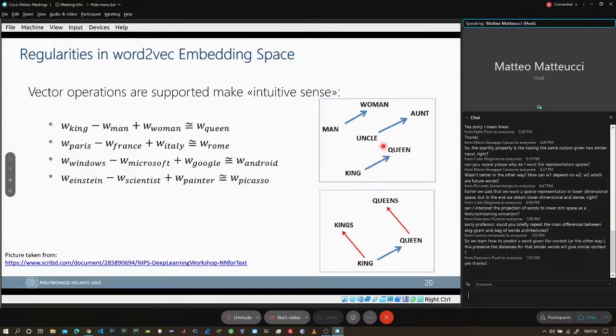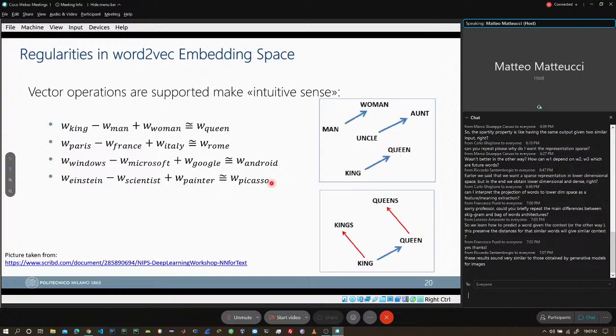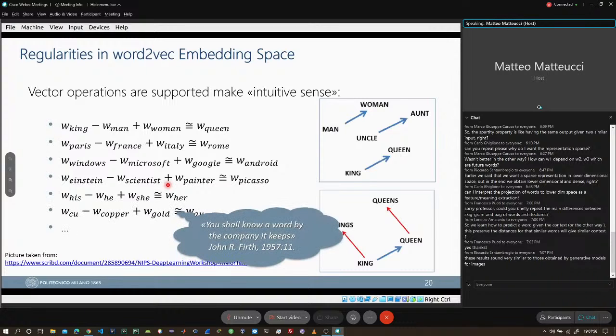And there are other examples, like if you take Einstein and you remove the scientist and you add the painter, you get Picasso. Why? Because of the adjectives, which are basically around the term, and so on and so forth. I will not discuss all these examples, which are very nice and interesting, and I leave these for you in the slide.